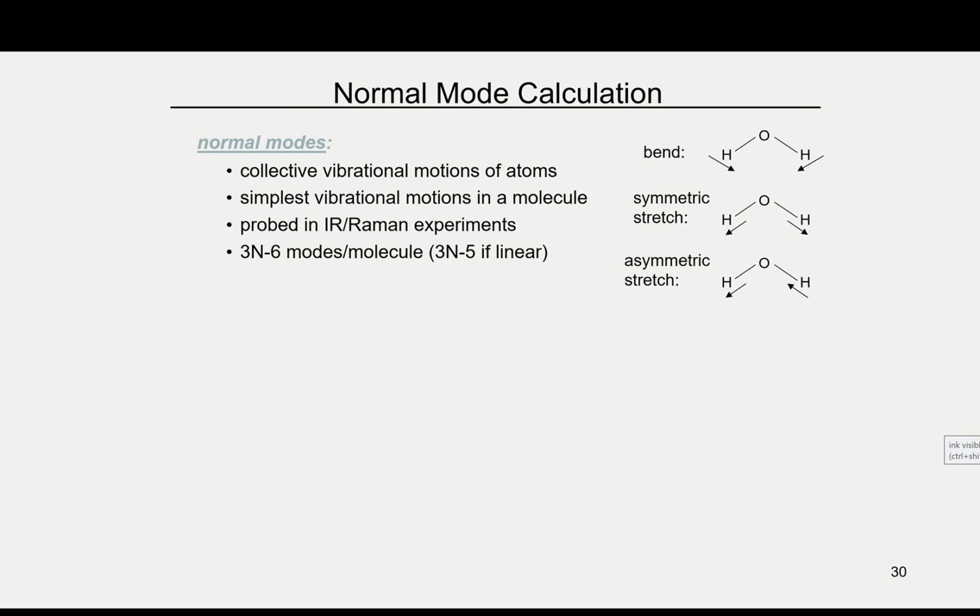Normal mode calculation. What is normal mode calculation? Normal modes are collective vibrational motions of atoms, the simplest vibrational motions in a molecule, probed in IR and Raman experiments, and there are 3N minus 6 modes per molecule, or 3N minus 5 if linear.